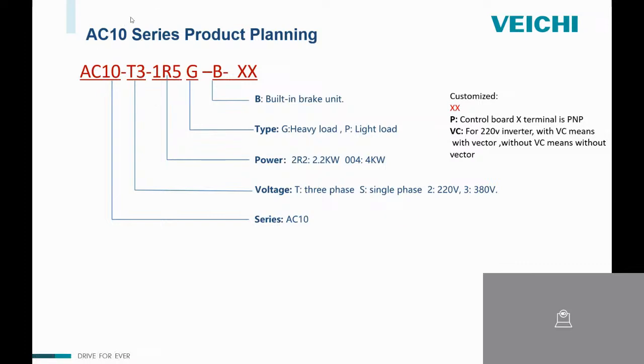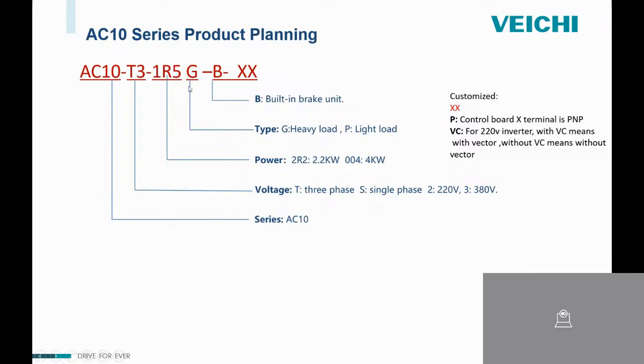So here T3 means 380 volt, and 1R5 is rated power. R means point, so 1R5 means 1.5 kilowatt. If it is, for example, 0.75 kilowatt, it is R75.